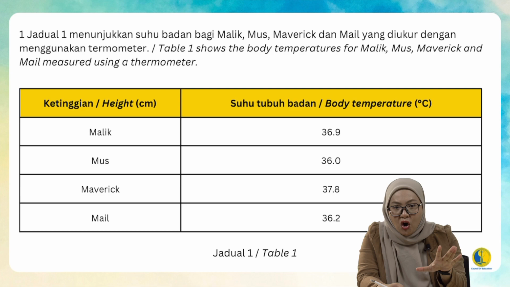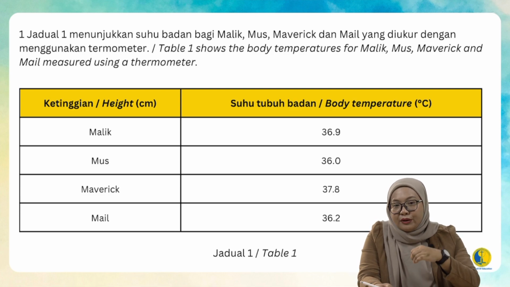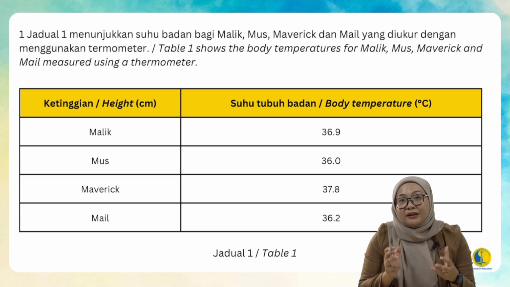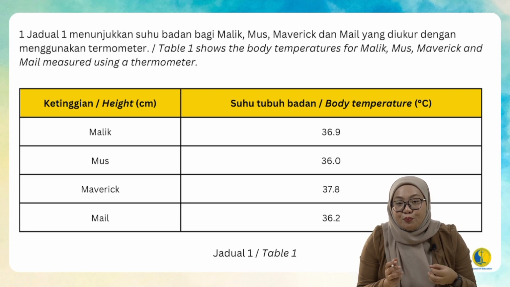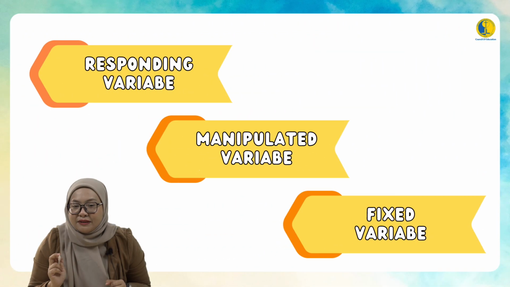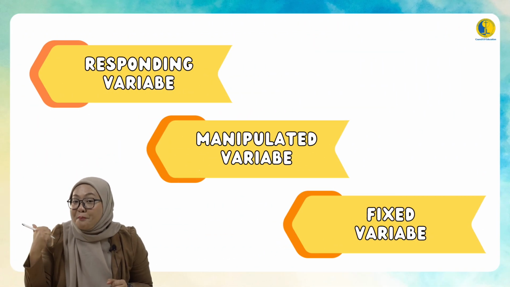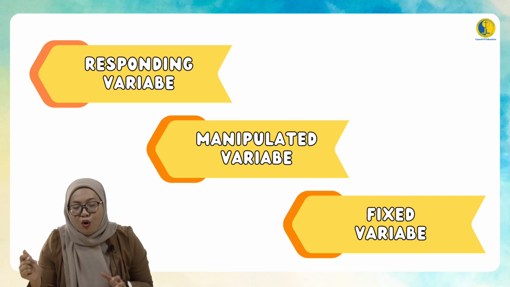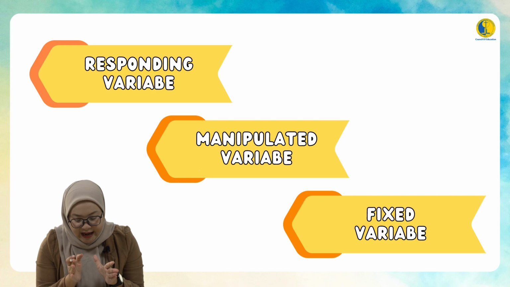They will test your observation skill, your ability to do the hypothesis, and your ability to provide a variable. We have three types of variables: responding variable, manipulated variable, and fixed variable. All are in this section A.